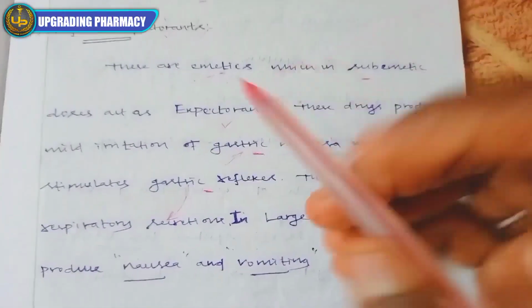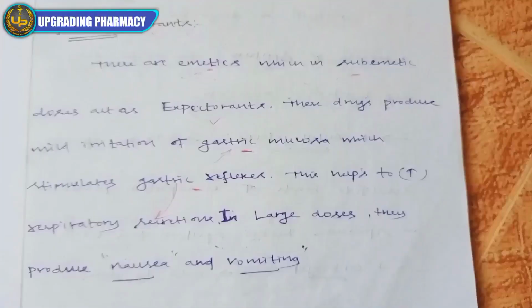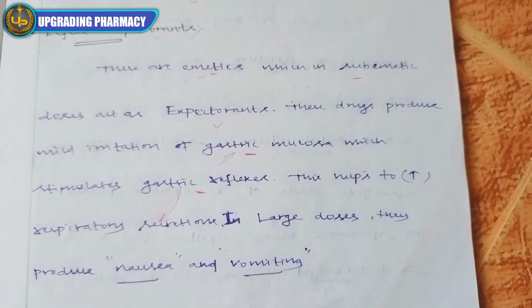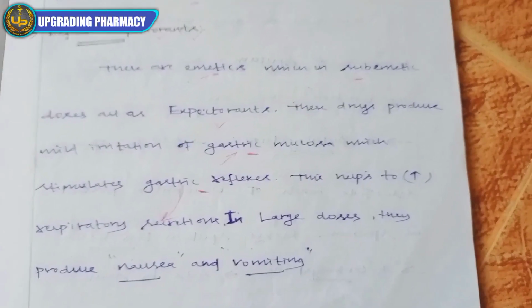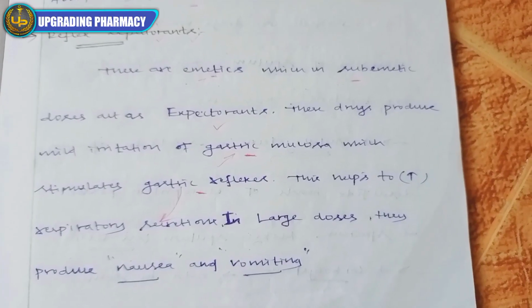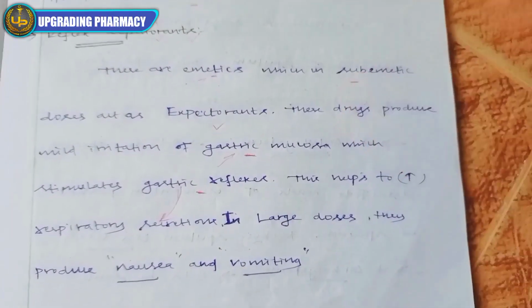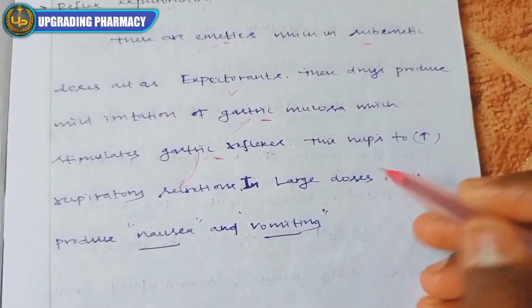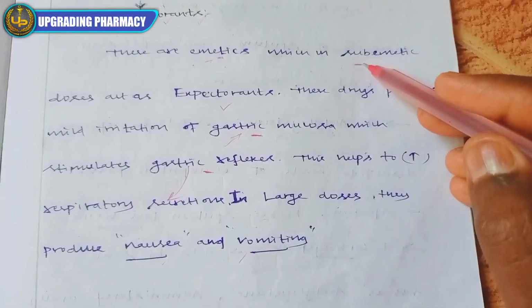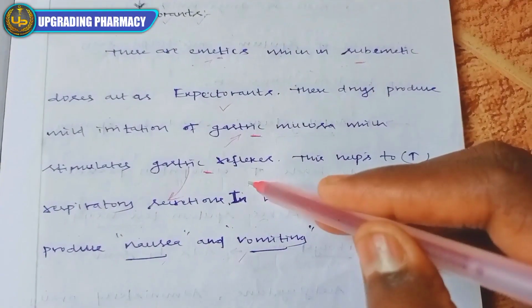That is why they are indirect expectorants or reflex expectorants. By means of the reflex in the gastric region, the secretions of the respiratory tract increase and also cause the expectorant action. In large doses they produce nausea and vomiting, but at only sub-emetic doses they produce the reflex, and this causes respiratory secretion.